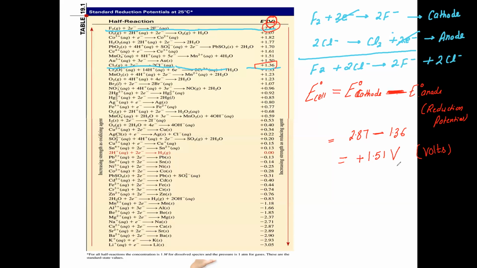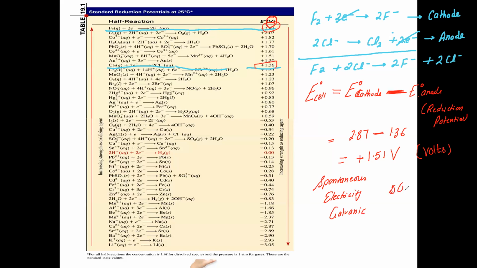So if it is positive, the reaction is spontaneous. Positive cell potential, right? It's going to generate electricity. You will get electricity. It's a galvanic cell. Galvanic or voltaic.